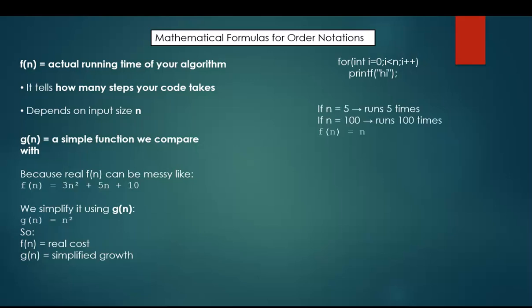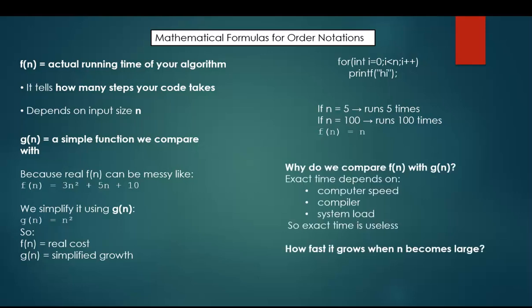For the same example, for int i equal to 0, i less than n, i plus plus, print hi. So n equal to 5 means it runs 5 times. N equal to 100 means it runs 100 times. So f of n is equal to n, right? What makes us compare f of n with g of n?